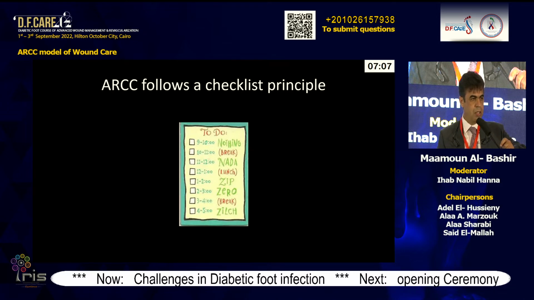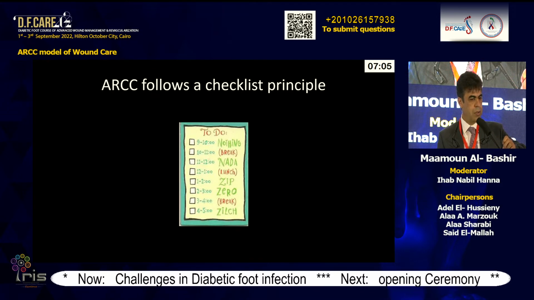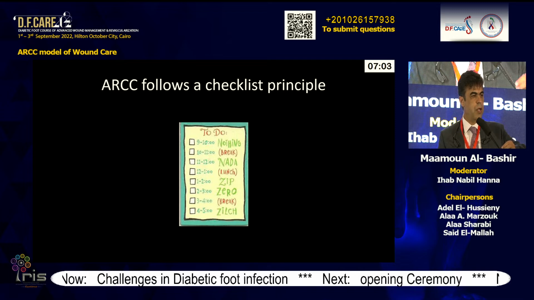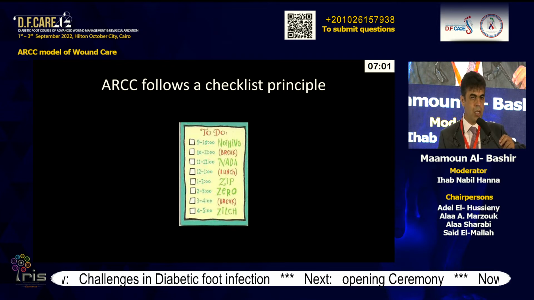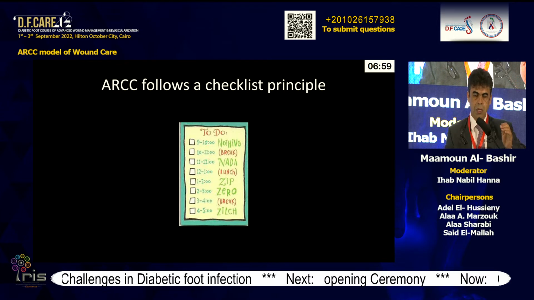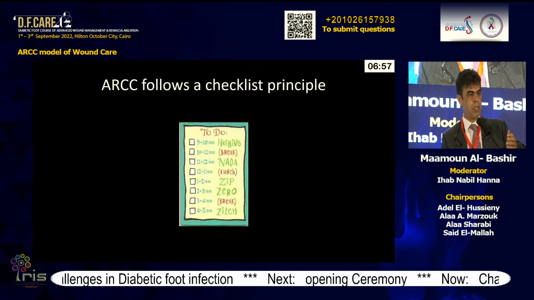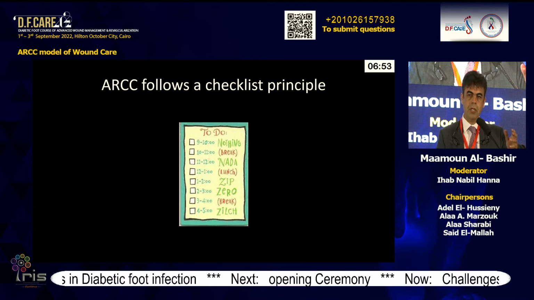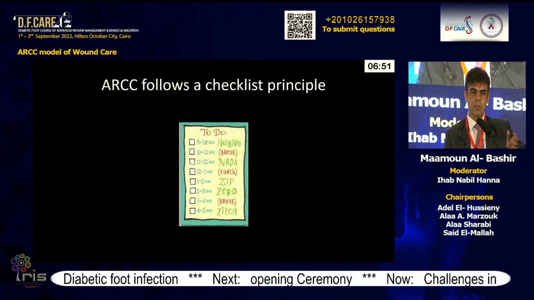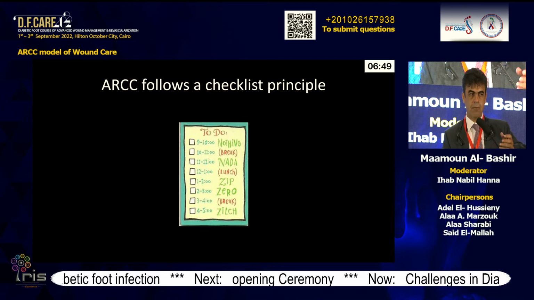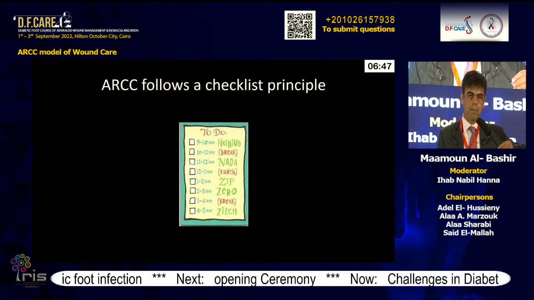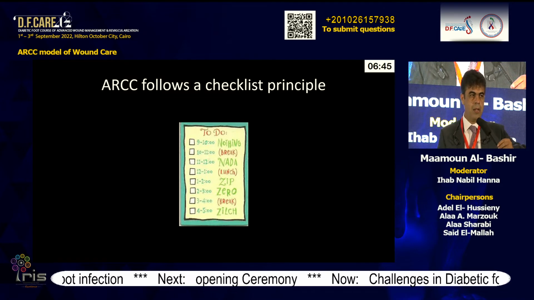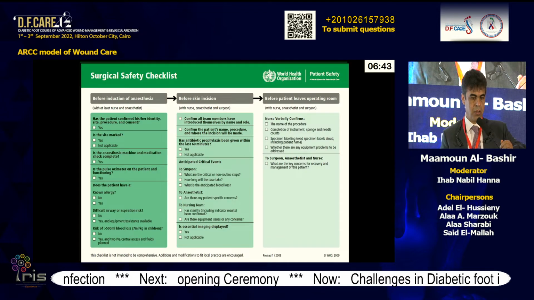The ARCC model is something we've developed following the checklist principle. And the checklist principle is an amazing thing because it's the bleeding obvious. It's something which has been there for a long time, has been used in the aviation industry for 30 years, and it's been very effective in reducing problems and accidents, and healthcare should be using this.